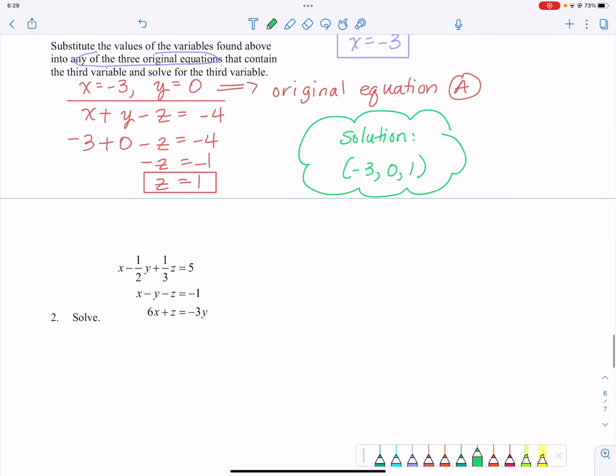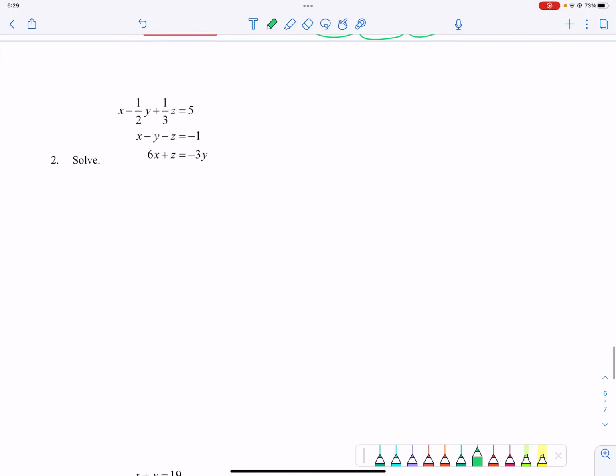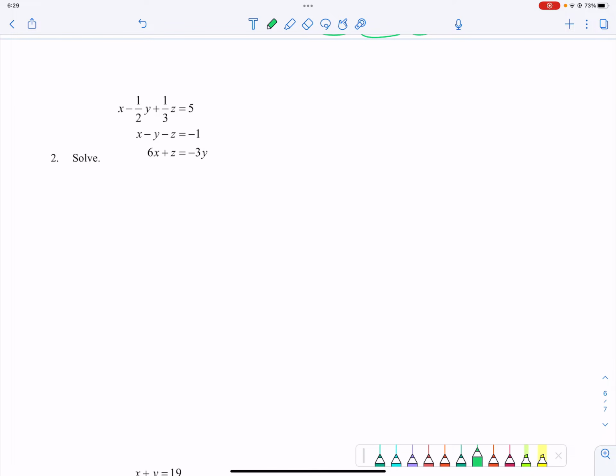Okay, let's take a look at number 2. And as you can see in number 2, we again have 3 equations. Why don't we just call them A, B, C? And as you can see, we do need to clear the fractions in equation A, and then we also need to rearrange some terms.